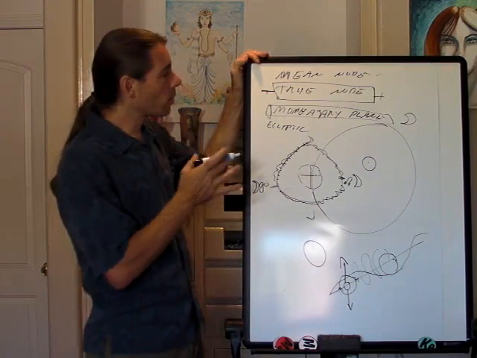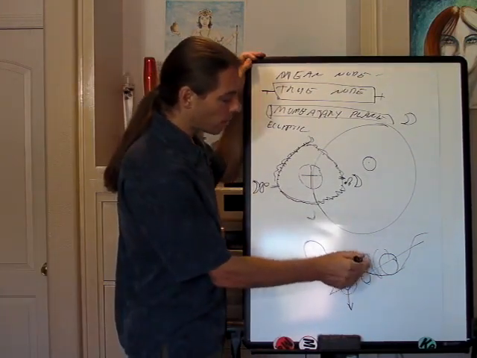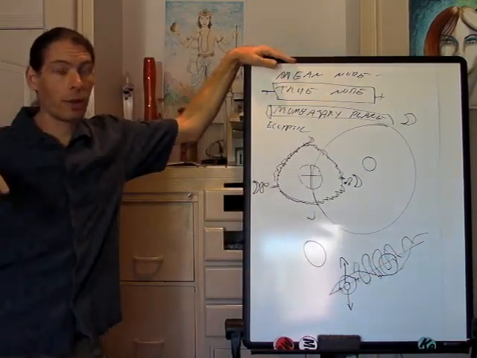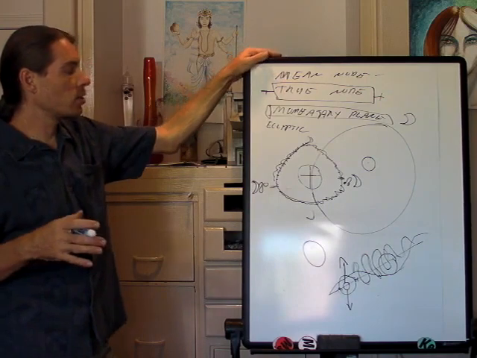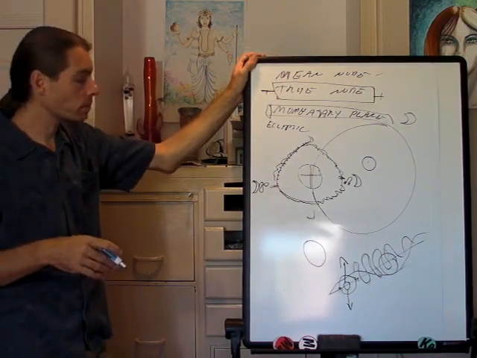And honestly, one of the reasons the true node goes retrograde is this moon's habit of jumping north and south a lot, of moving up and down a lot as it travels. And that's one of the main reasons you get this big shift in Rahu going direct and then Rahu going retrograde.